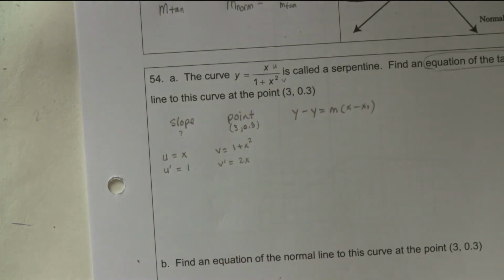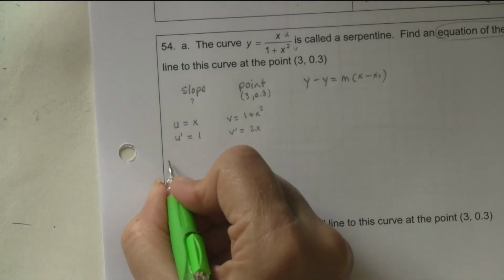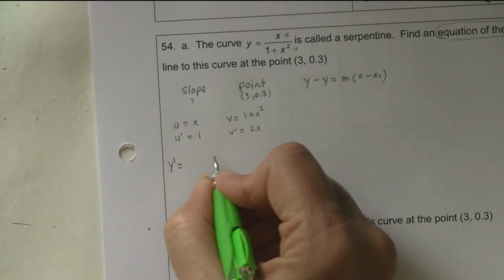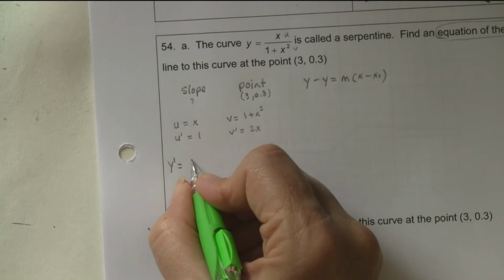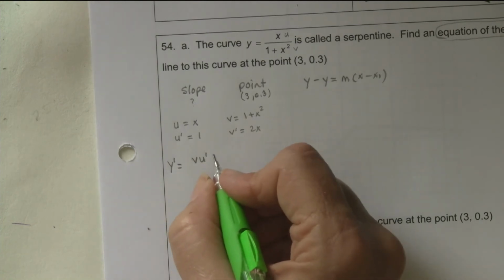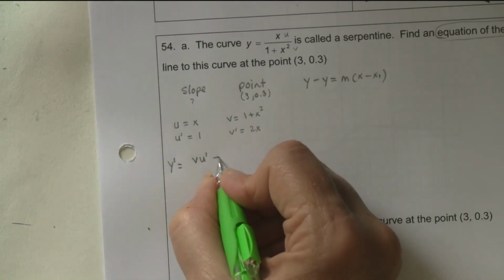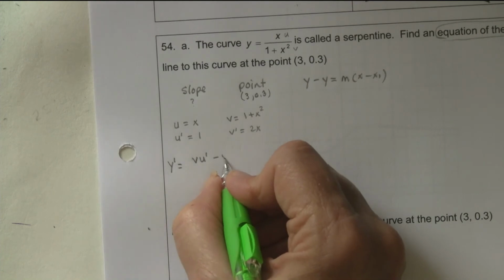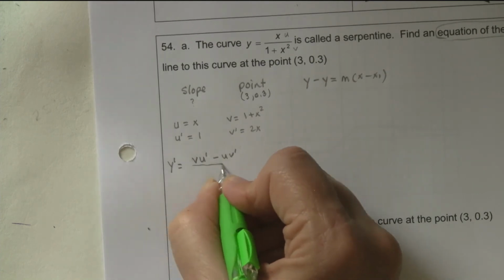And remember, I was going to use the quotient rule. So my quotient rule is y prime equals, and it doesn't matter whether I write v u prime or u prime v, either way, minus u v prime, all divided by v squared.